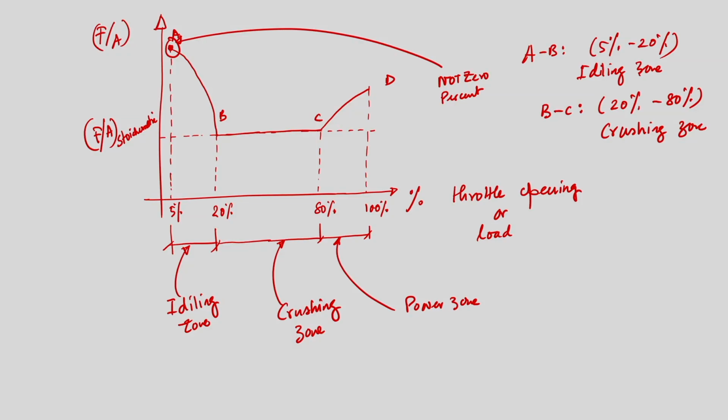Finally, we can see C to D, that is the throttle valve 80% to 100%. That means it is fully open. At 85% it is almost fully open, at 100% fully open, and in this condition the engine needs to supply maximum power, maximum load. If we try to extract more load from the engine, we have to supply more input energy, because we are trying to maximize the power output.